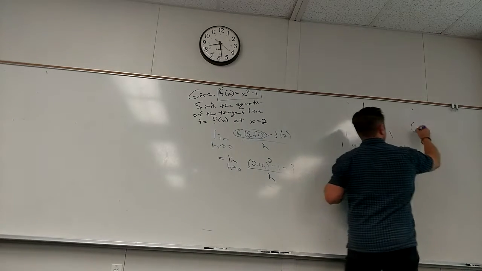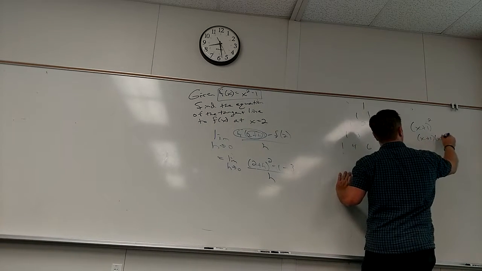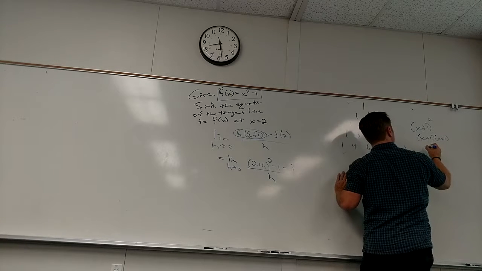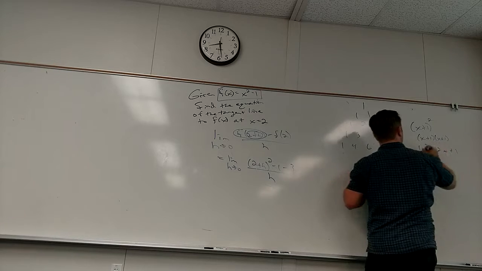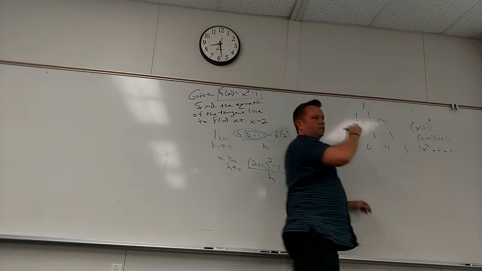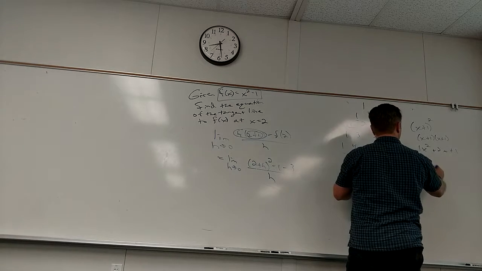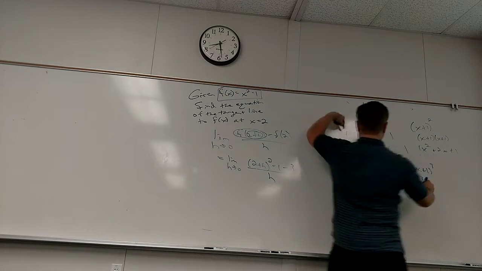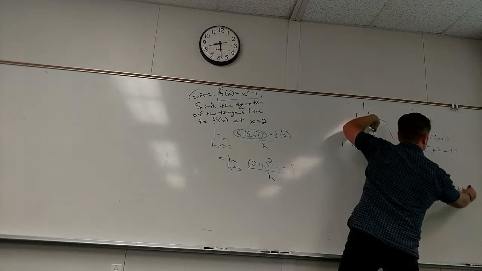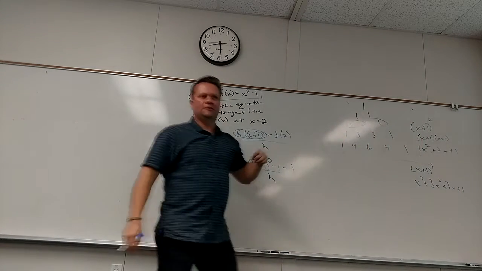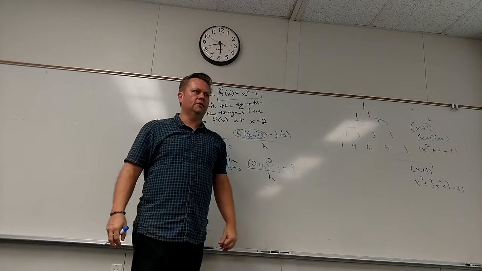Well, what's x plus 1 squared? X squared plus 2x plus 1. What are all the coefficients? 1, 2, 1. So what's x plus 1 cubed? X cubed plus 3x squared plus 3x plus 1. That is one immediate use for this. This is called the binomial theorem.